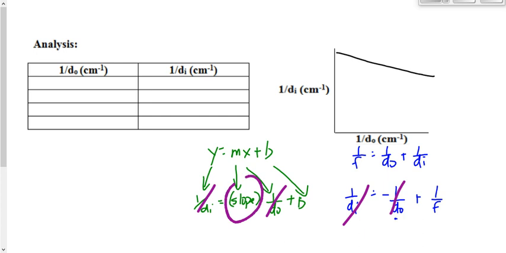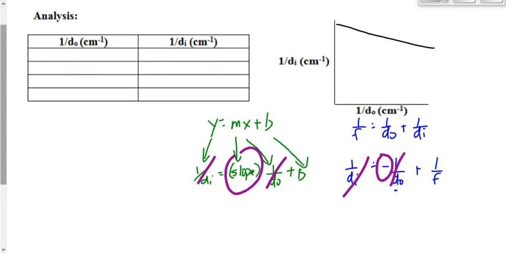What am I left with here? The slope is equal to negative 1. It's kind of weird.